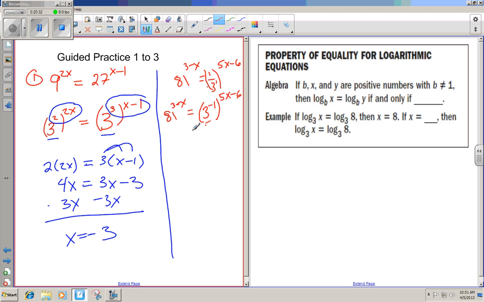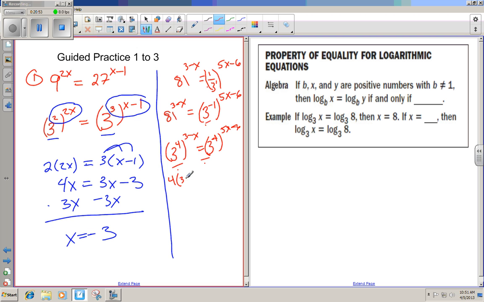With a base of 3, you can make 81 3 to the 4th, to the 3 minus x. And then here is equal to 3 to the negative 1, to the 5x minus 6. So, same base, exponents are the same.